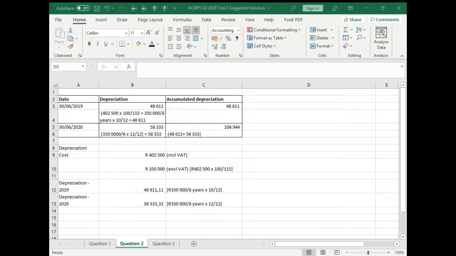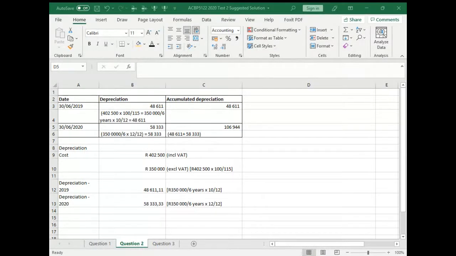Instead of giving you the depreciation rate percentage, we gave you the useful life, which was the 6 years, to see if you understand how to do the depreciation calculation using that. And then the accumulated depreciation, that you understand that it is basically a total of all of your depreciation charges for every year summed together. So that's basically what we were testing.